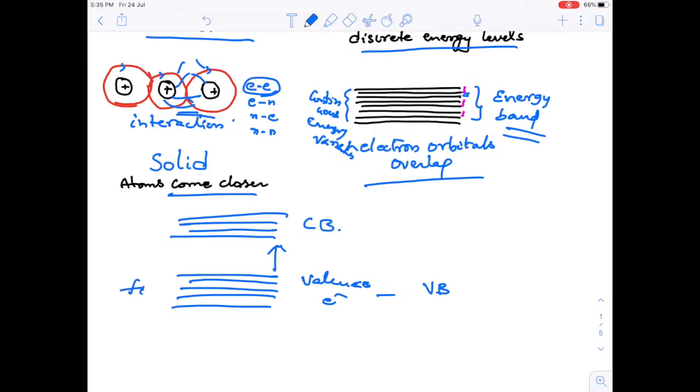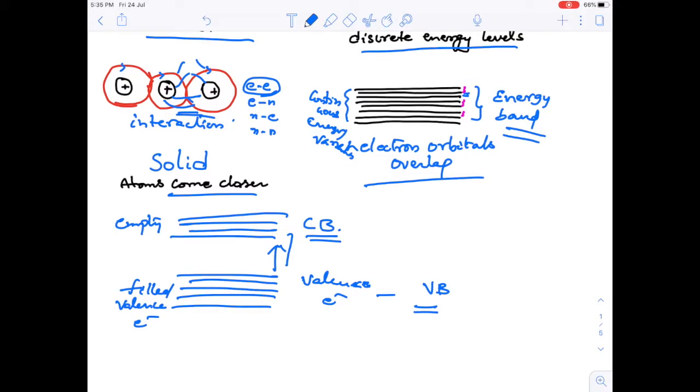Usually the valence band will be filled with valence electrons and the conduction band will be empty, where it can allow the electrons from the valence band to reach the conduction band. So this is the valence band, which we will denote as VB, and the conduction band, which we will denote as CB. What does that mean?